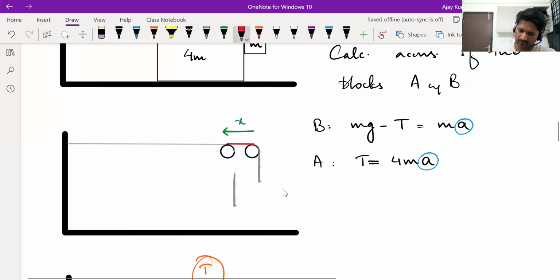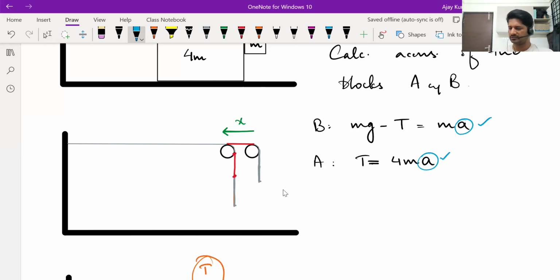That red part will be seen here. Okay, so how much ever distance the bigger block moves to the left, by the same distance, the smaller block descends. Right, because the length of the string should remain constant. Then we can say that their accelerations are equal.